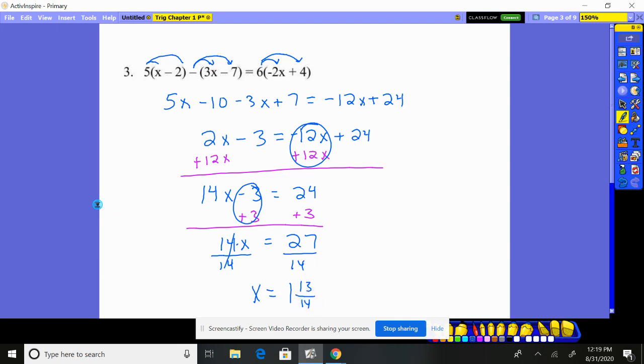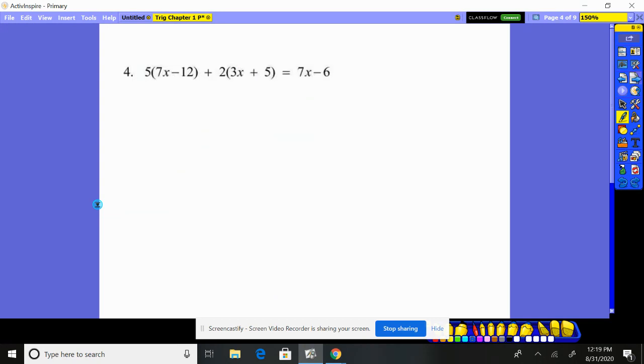So 1 and 13/14. I do not know the 13/14ths decimal off the top of my head. Sorry. But 1 and 13/14 is the answer that will make, if we plug that into x up top of number 3, it'll make that equation true. Nothing else will.